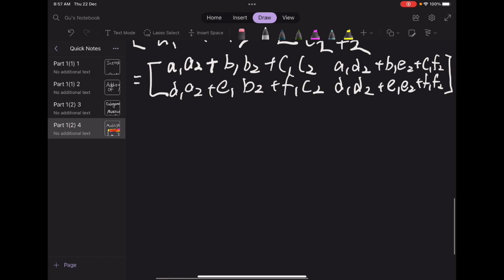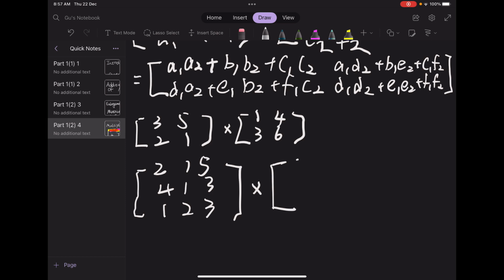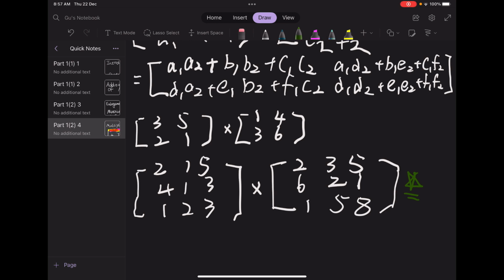So the 2 questions are 3, 5, 2, 1 times 1, 4, 3, 6 and 2, 1, 5, 4, 1, 3, 1, 2, 3 times 2, 3, 5, 6, 2, 1, 1, 5, 8. The second one is going to be complicated. It's going to take time, so just try it out.